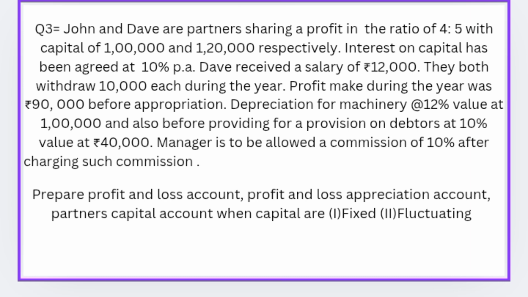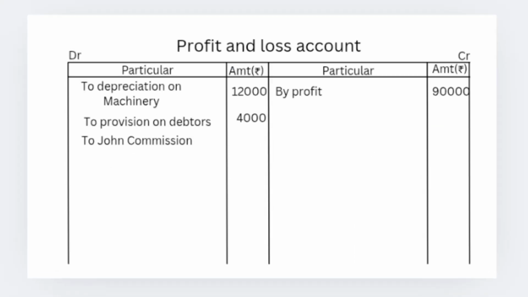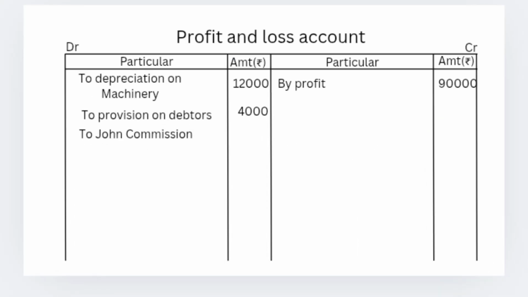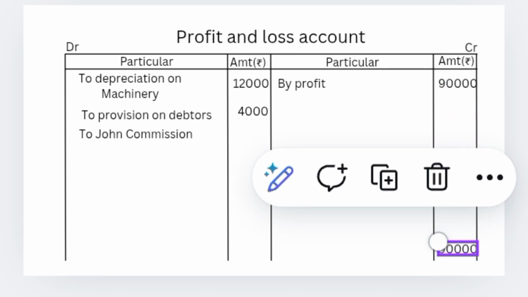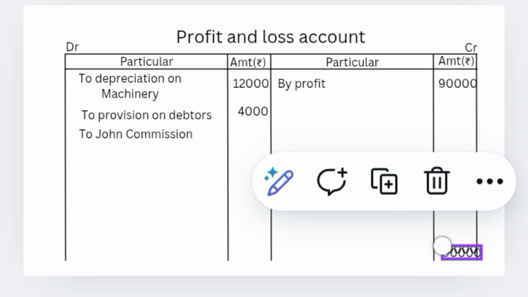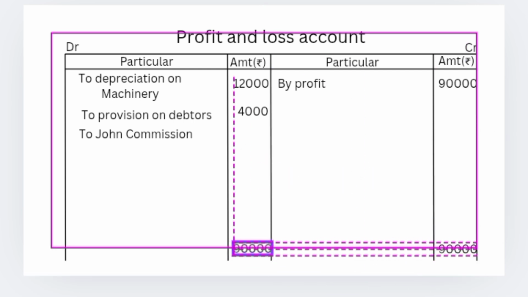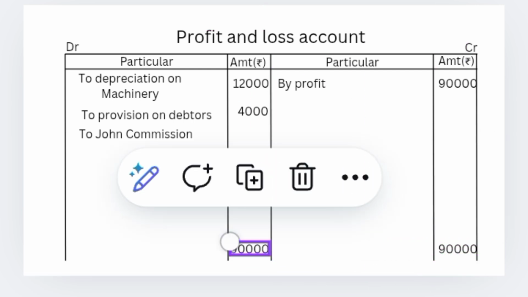So to get this one, we have to know first the total amount. The total amount from the credit side is 90,000. So we'll just write 90,000 on the debit side also, because there's no item left on the debit side.